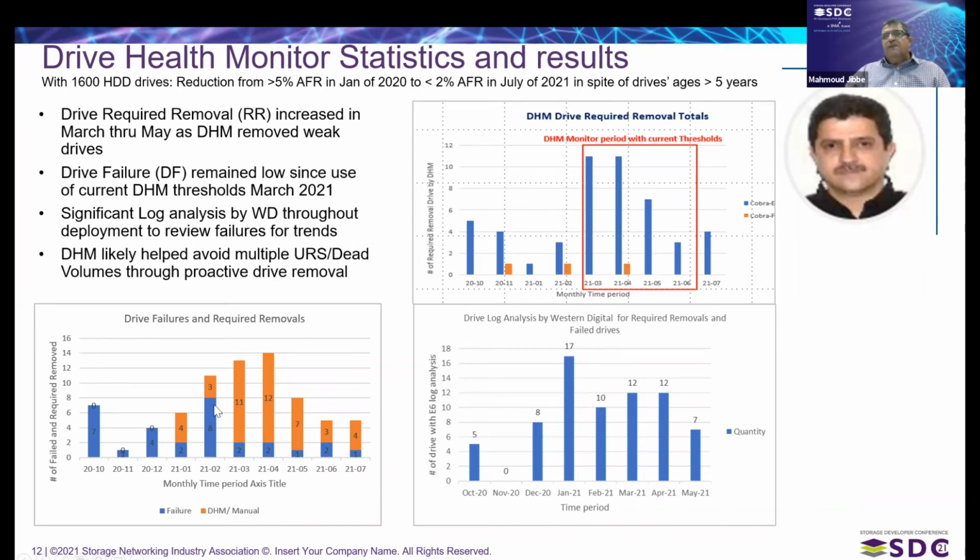Every drive that we removed, we sent to the drive vendor. We send them first the drive log, they analyze the drive log, and then we send them the actual drive. For every single drive that was recommended by the drive health monitor, the drive vendor told us that the drive would fail in 2 to 3 weeks if we didn't remove it from the system, based on the log.